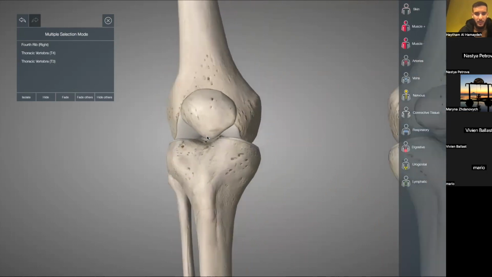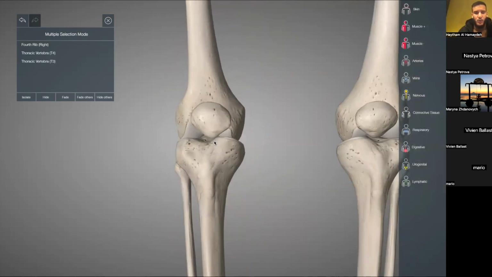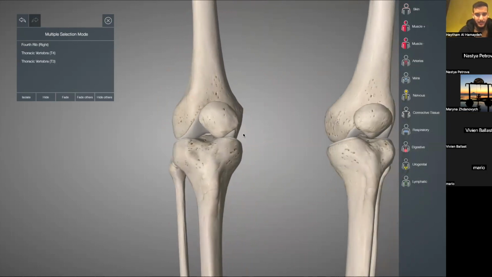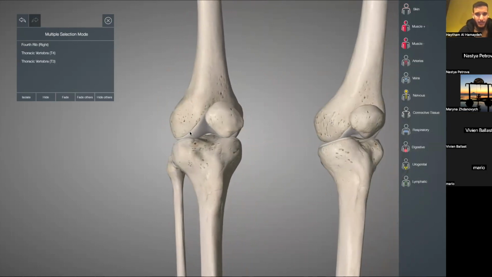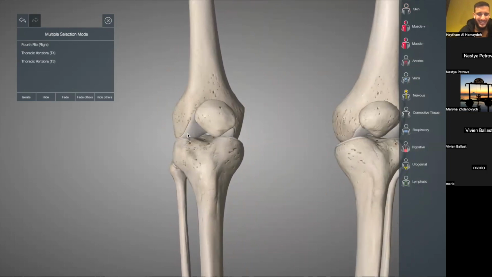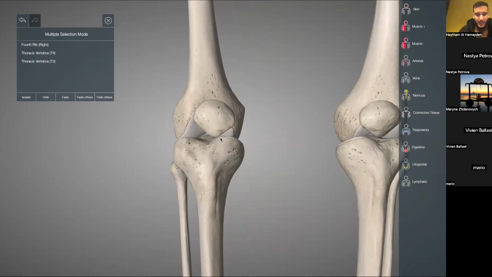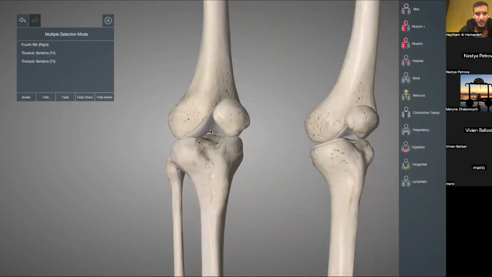Now, what are the articular surfaces in the knee joint? And concentrate with me. We know that the distal part of the femur is made up of 3 articular surfaces: the lateral condyle, the medial condyle, and the intercondylar fossa. That's the articular surfaces of the femur, talking about the articulation with the tibia only.